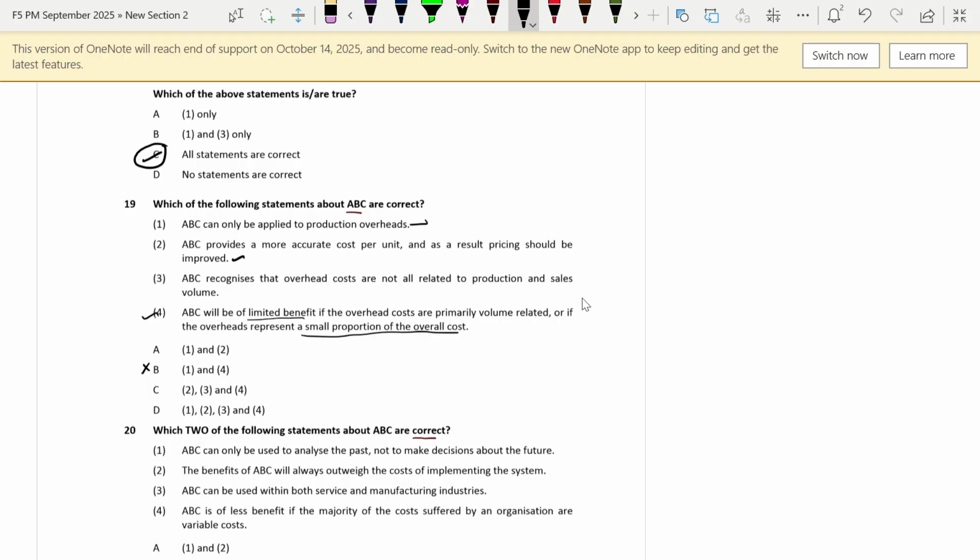No, it applies to all overheads. Answer is C.